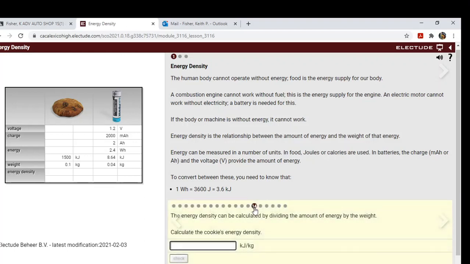Question 14. The energy density can be calculated by dividing the amount of energy by the weight. Calculate the cookie's energy density.